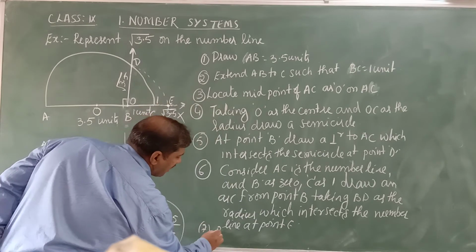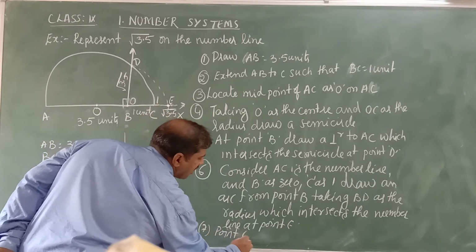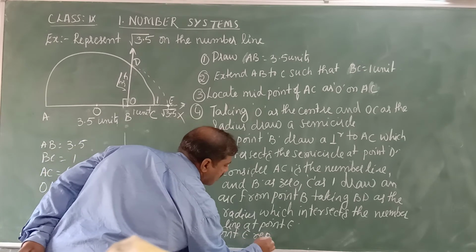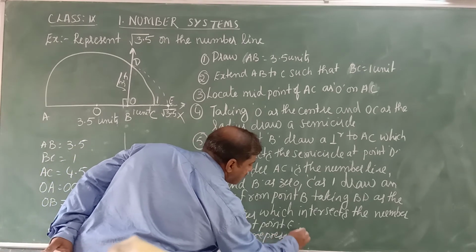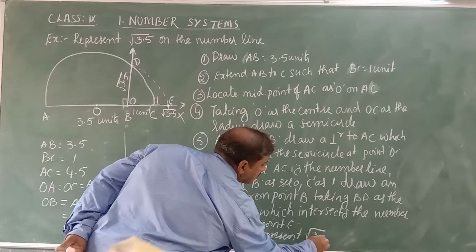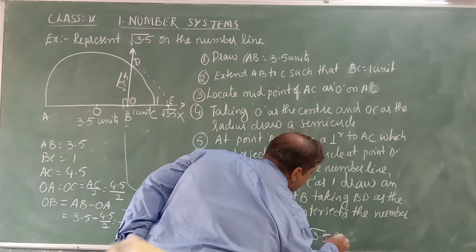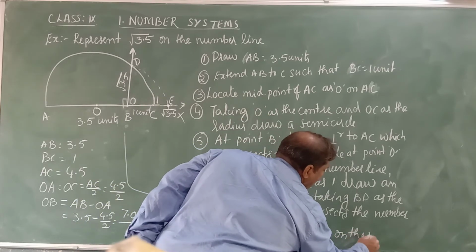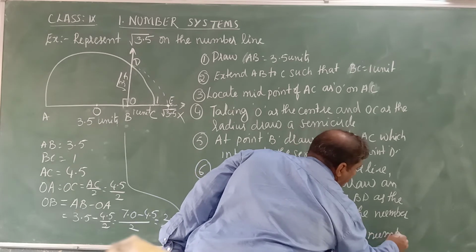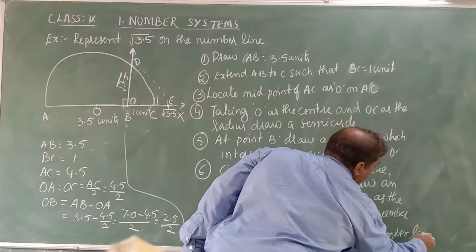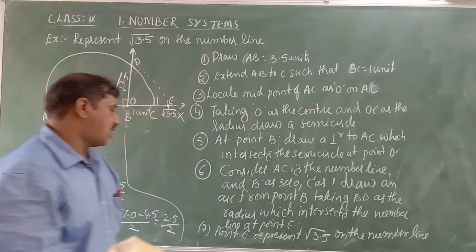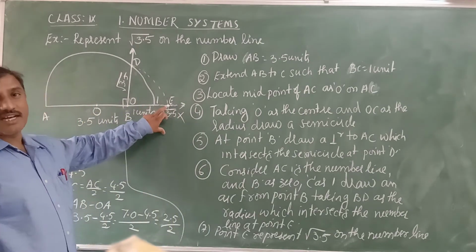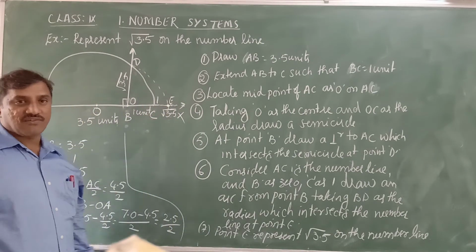Now point E represents square root of 3.5 on the number line. Yes. So point E represents square root of 3.5 on the number line.